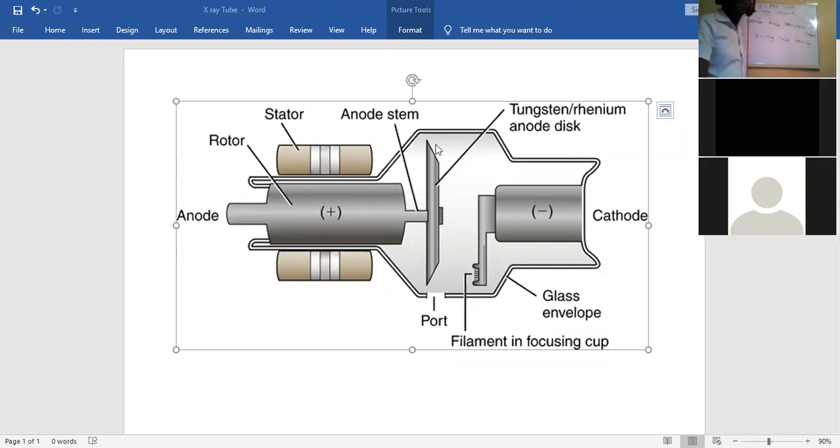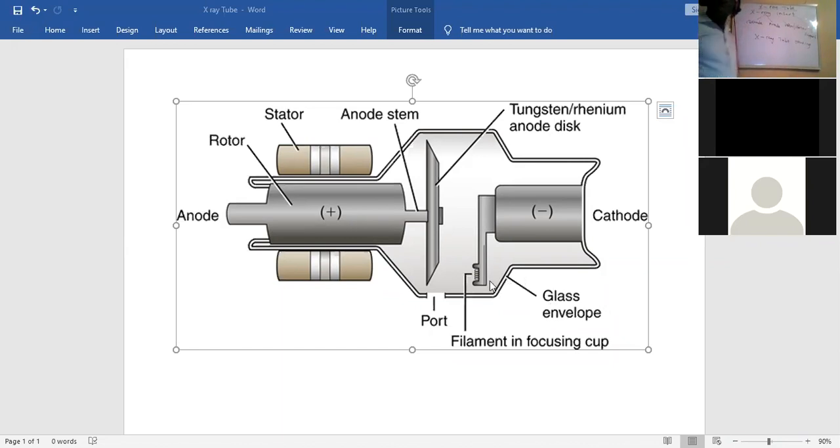So the whole of this is now housed using this. This is the vacuum envelope, which can be made of glass or metal.